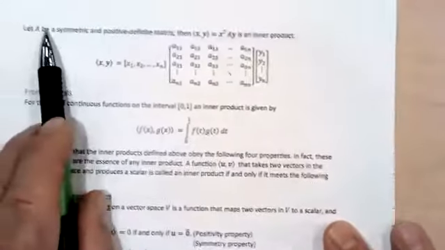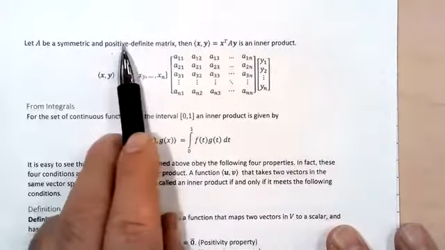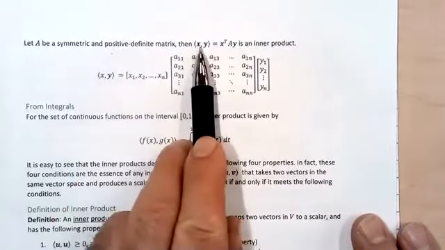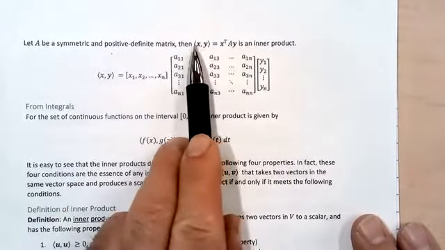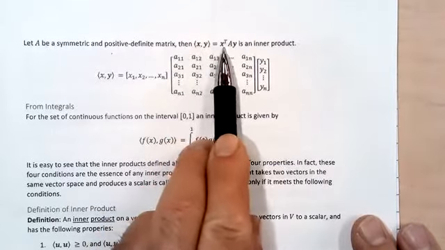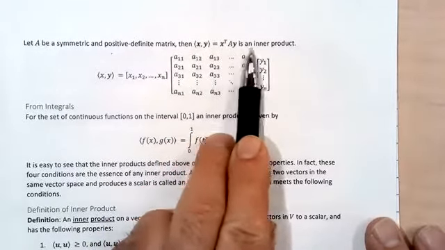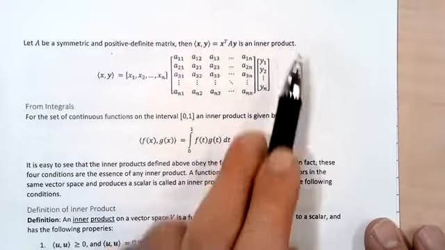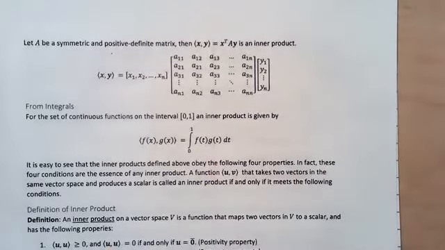If A is both symmetric and positive definite, then the inner product of x and y defined by x transpose A y is an inner product. So that's another way to make inner products. And you sort of get the flavor of it here.